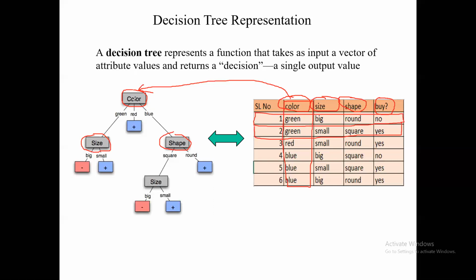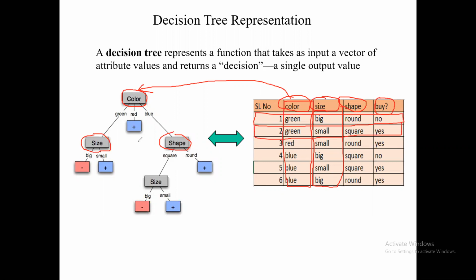So for the first branch, the test is the color. What is the color? It's green. So we move to the leftmost branch, right? Similarly, for the size attribute, which is again a non-leaf node, we have 2 branches corresponding to the 2 types of values that the size attribute has, big and small. Again, shape has 2 values, which are square and round, so it has 2 branches coming out of the non-leaf node.